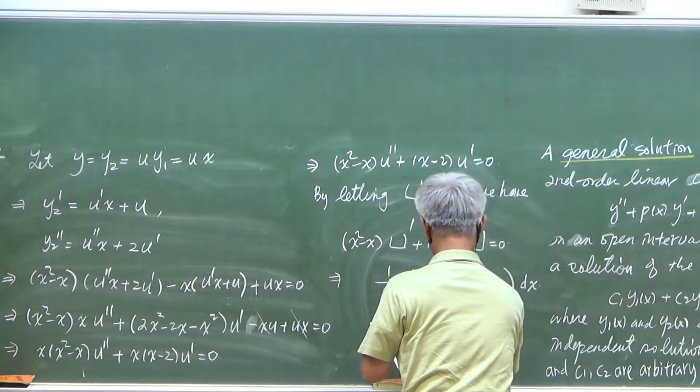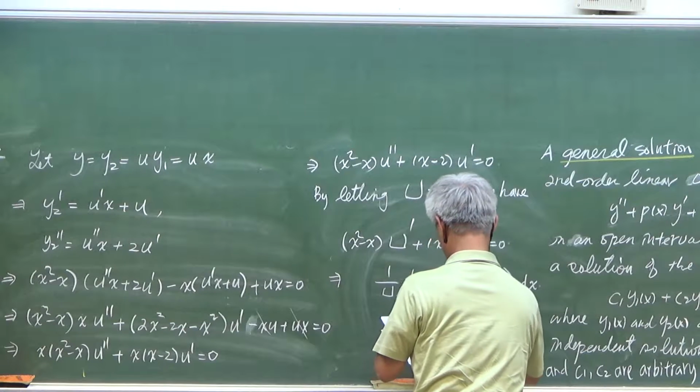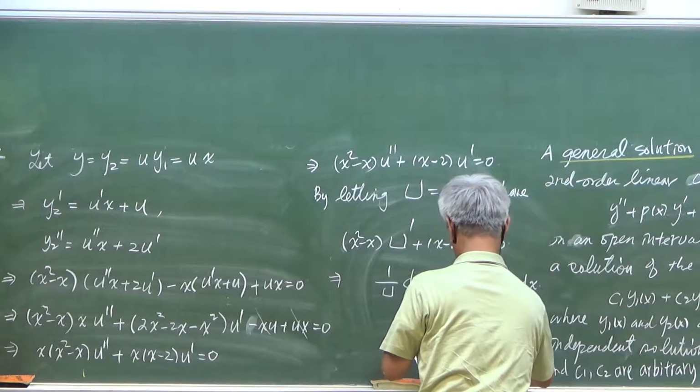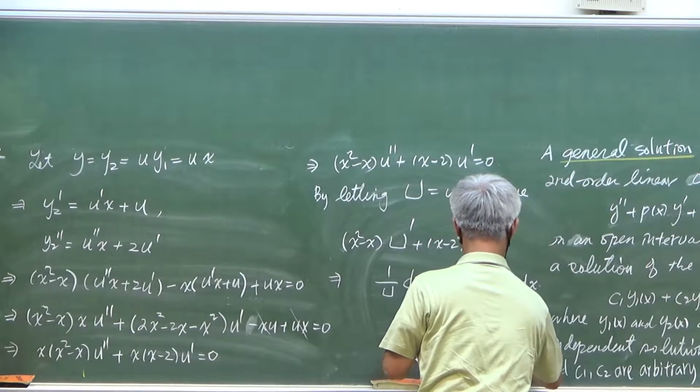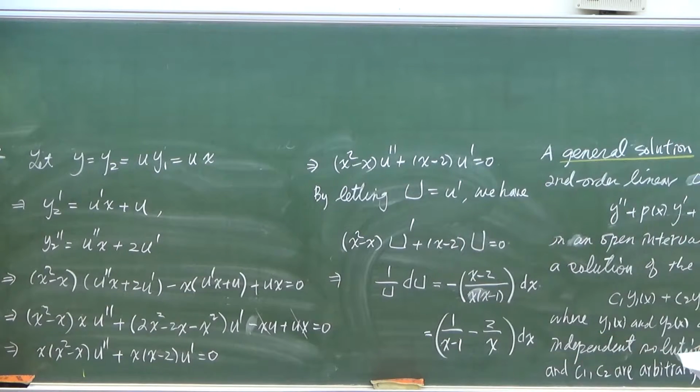So this is equal to 1 over this one, to x.